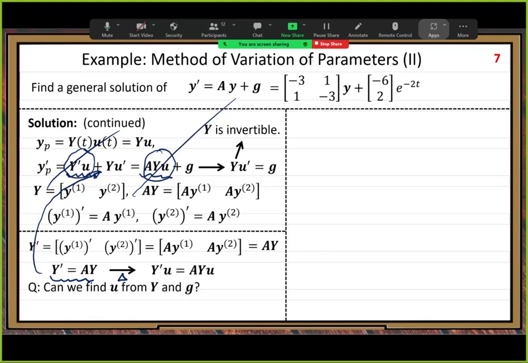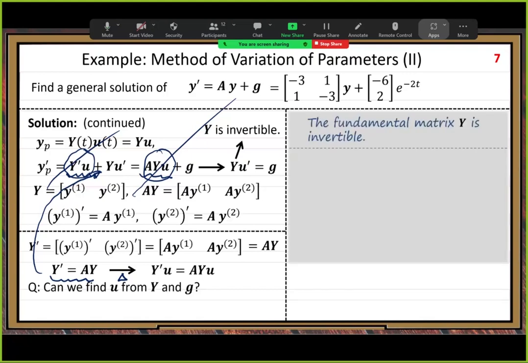Now you understand the invertibility property is important for Y. Since Y is invertible, you can multiply by the Y inverse matrix.